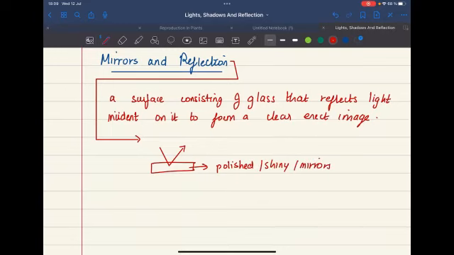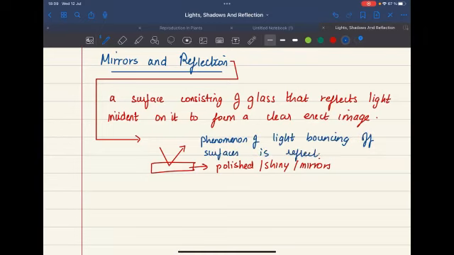Then you can see that the surface reflects light. This is the definition for reflection.